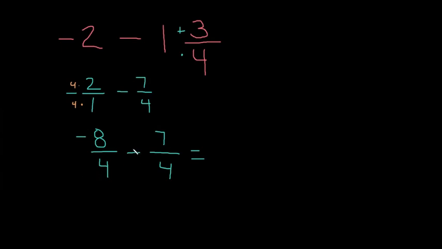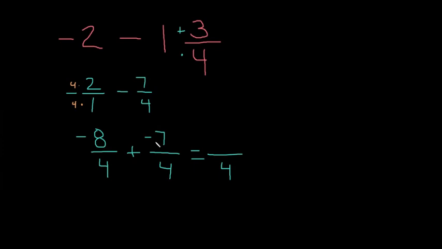So really what we're doing is instead of subtracting, we're adding a negative. Okay? Remember this scenario. Well, 4 minus 2 is really the same as 4 plus negative 2. Okay? And our denominators are going to stay the same. They are 4. So now we have a negative 8 and a negative 7.